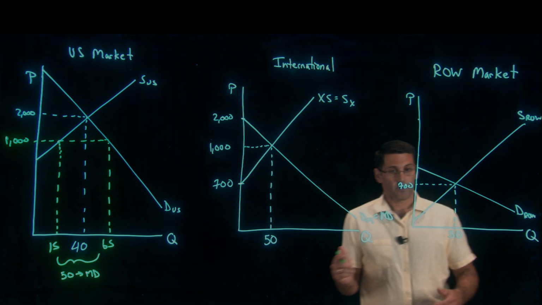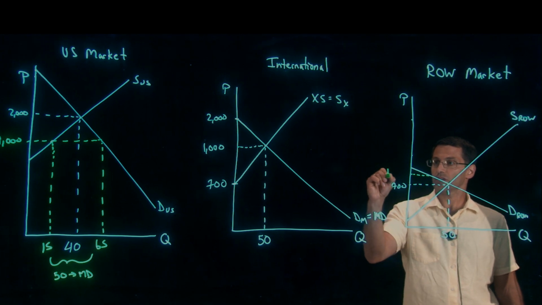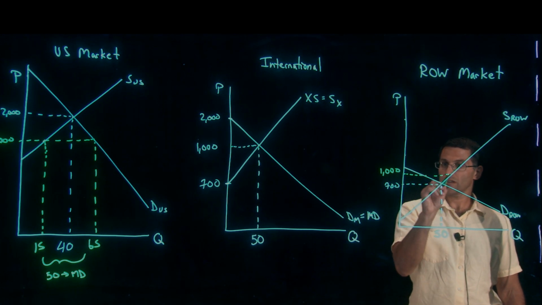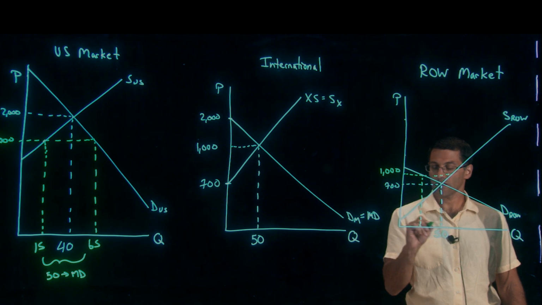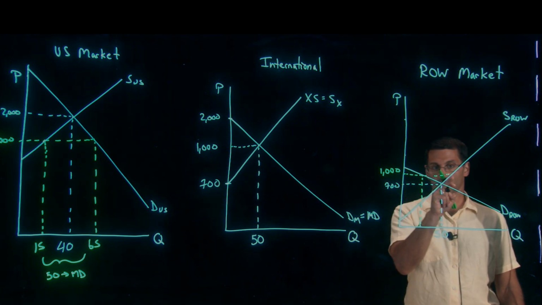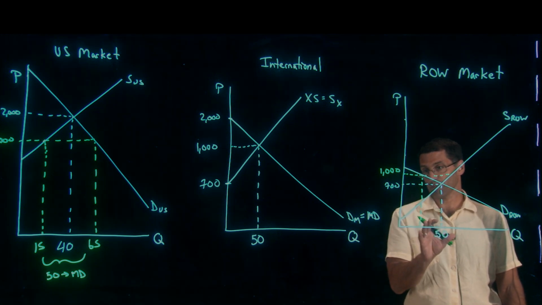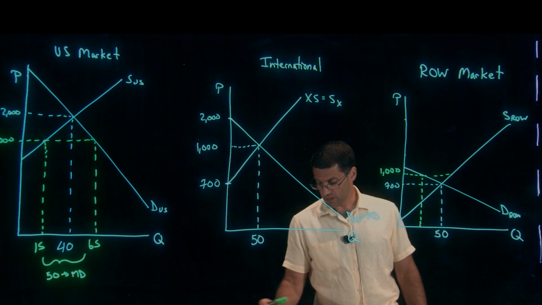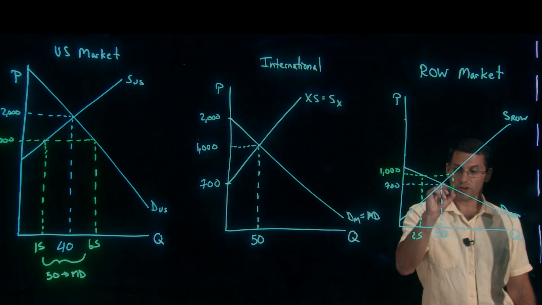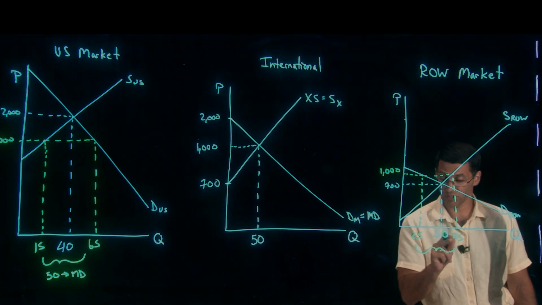Likewise, with this higher price of 1,000 here, what we're going to see is that the demand is going to drop. Price goes up in rest of the world when we open up to trade. So the quantity demanded is going to drop, in this case, to 25. And quantity supplied is going to go up to 75. Again, that difference is 50.